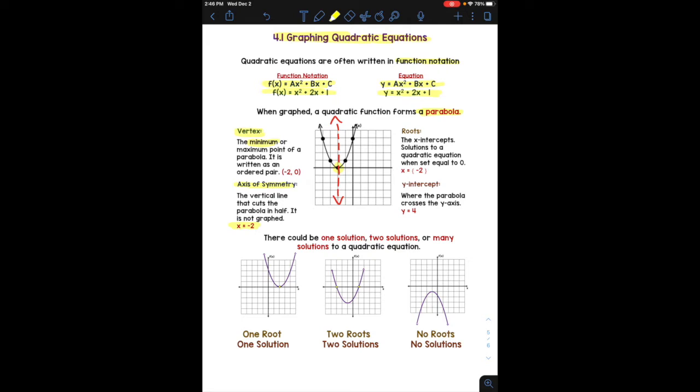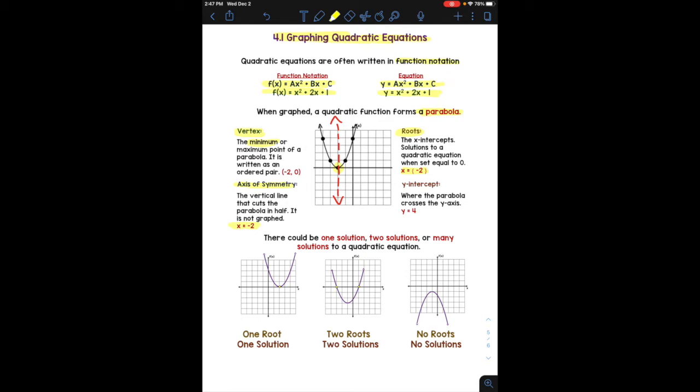On the right side, we have two more terms, one being the roots. The roots for a parabola are the x-intercepts. It's where the parabola crosses the x-axis. These are also solutions to a quadratic equation when set equal to 0. In this case, there is only one x-intercept. It happens to be the vertex. That's just a coincidence there. And we would describe that root as x equals -2.